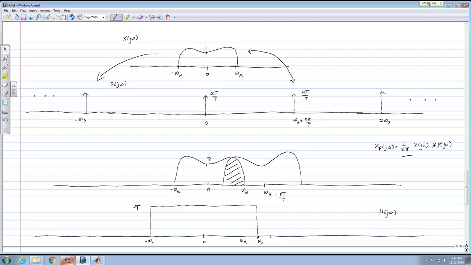If you take only one sample at time t equal to 0, that's like multiplying by a delta function. Multiplying by a delta function is the same as convolving with a function that's flat, which means you take your x of j omega and convolve it with a function that's 1 everywhere, and all you will get is the convolved version. You will never get the actual signal back.